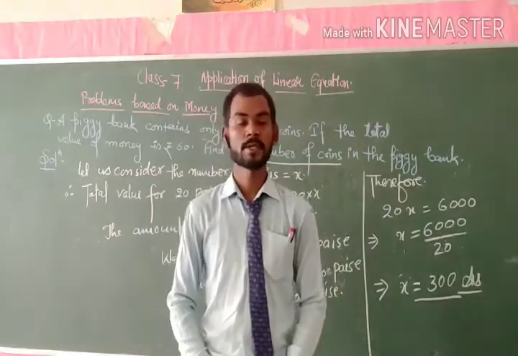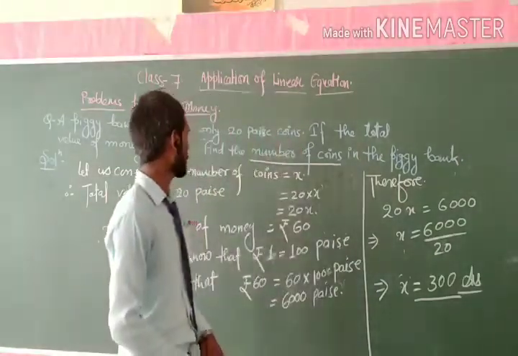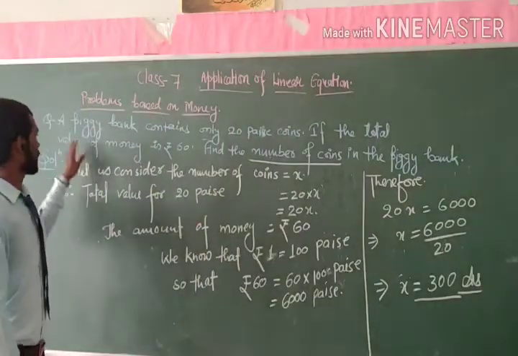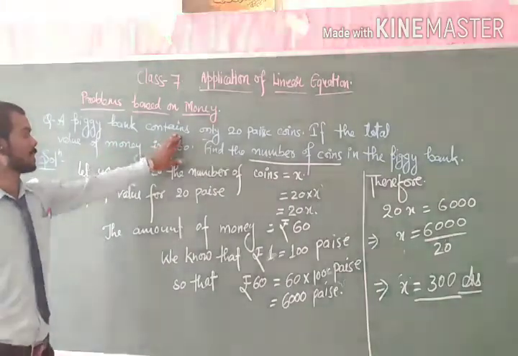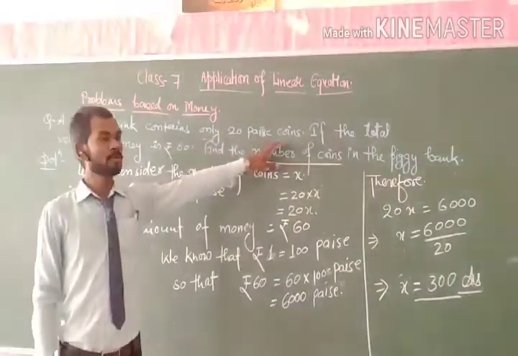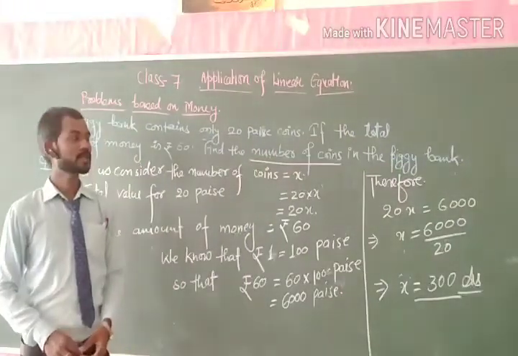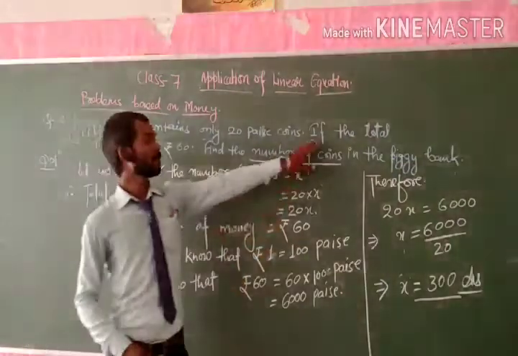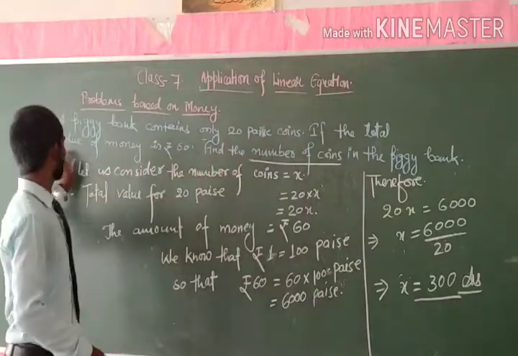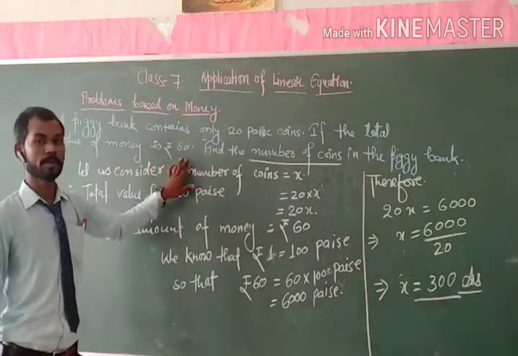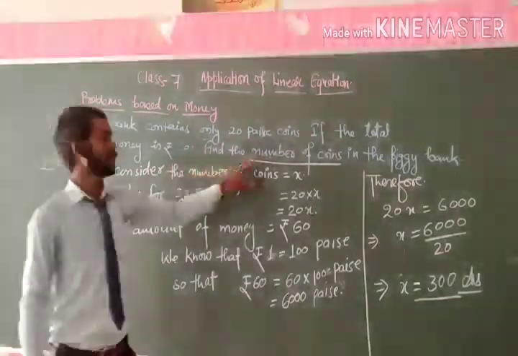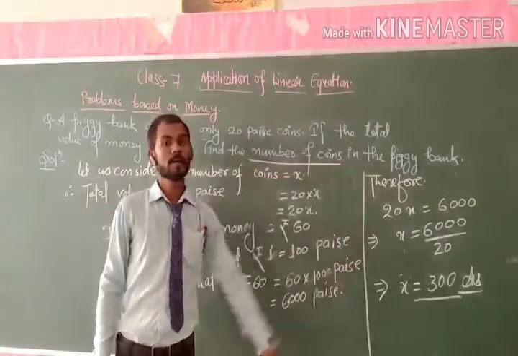The question is very simple. Let's see again. A piggy bank contains only 20 paise coins. If the total value of money is 60 rupees, then find the number of coins in the piggy bank.